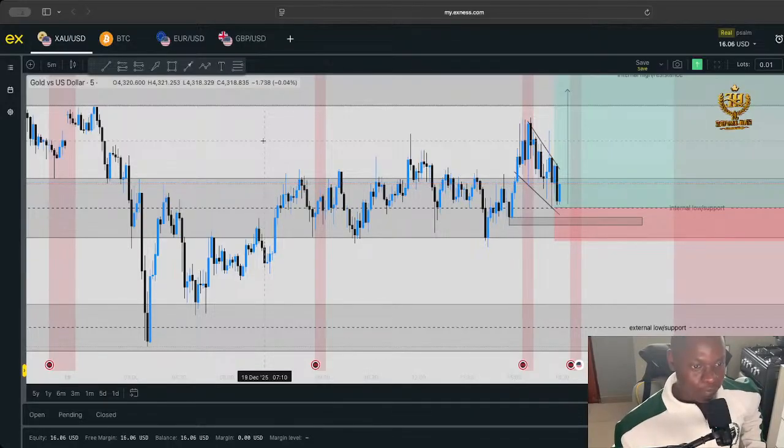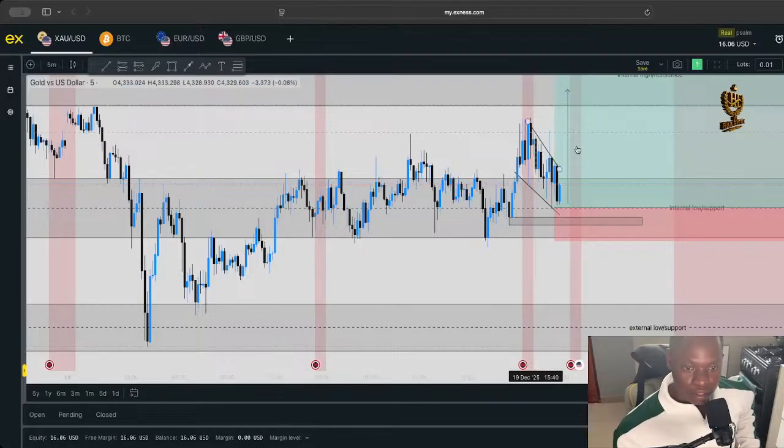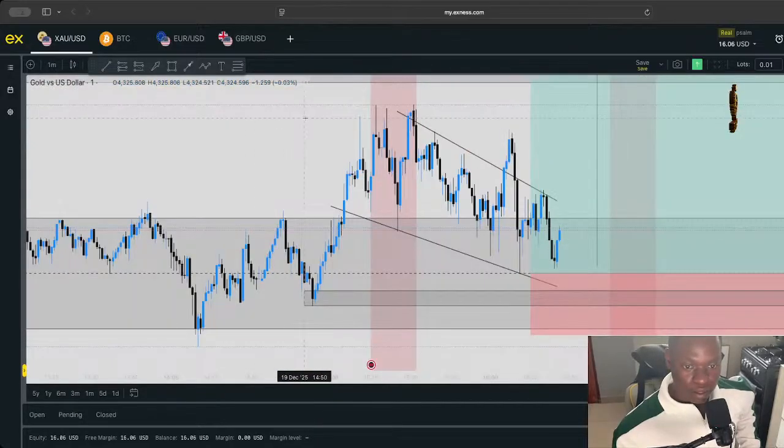Yeah, we need to have patience now. This candlestick will be closing in just 3 minutes and 30 seconds.